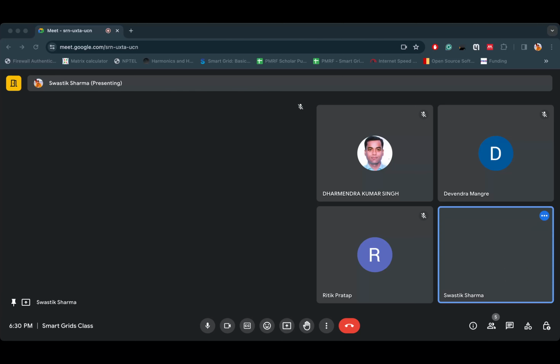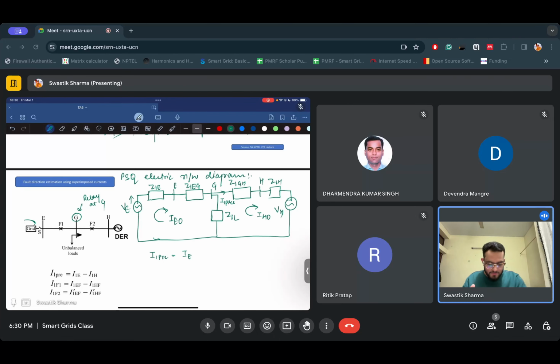And so how will this I1 pre be? There is a current coming from VE. Let's call it IE. Ignore IE0 right now. This is to apply Kirchhoff's voltage law. And there will be one more current flowing from this DER, IH.